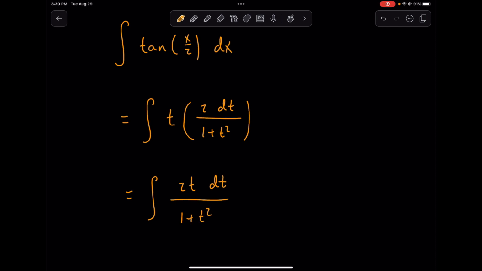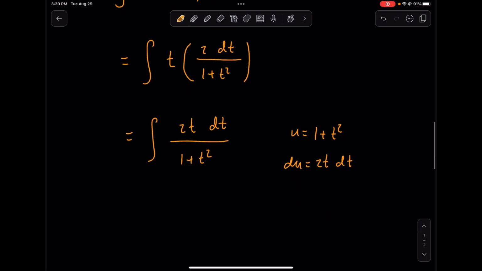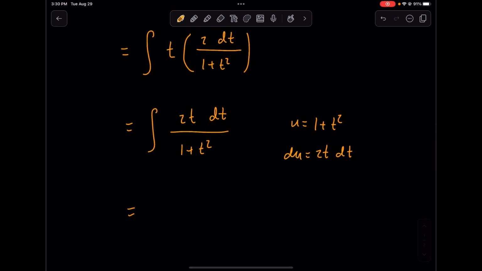And now this is a much easier u substitution than working with something else. So we can set u equal to 1 plus t squared and du equal to 2t dt, which is just our numerator. So this is equal to the integral of du over u, or ln absolute value of u, which in this case is 1 plus t squared, plus c.